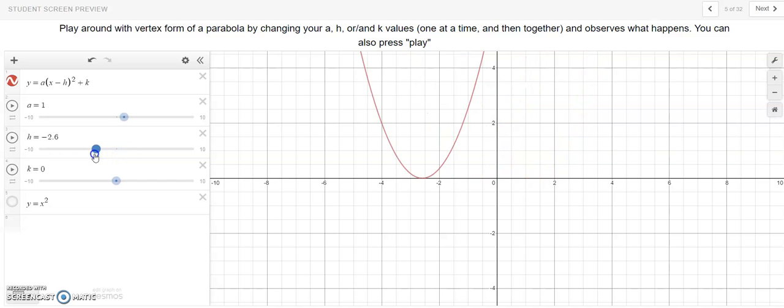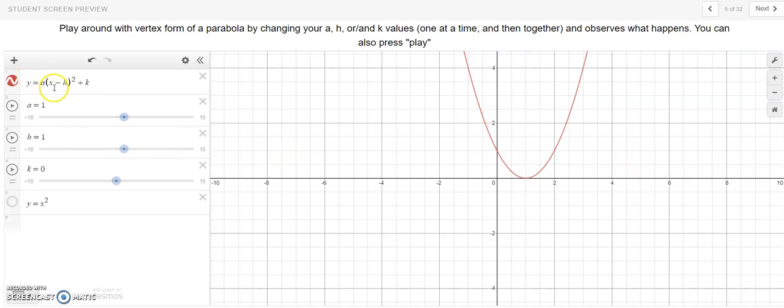Now, second thing I want to bring your attention to is this. Right now it says H equals 1, and it looks like it went 1 to the right. But if I put this 1 in this equation, it won't look like a positive 1. It'll look like x minus 1. It'll look like the 1 is actually a negative 1. You'll see what I'm trying to point out a little later on.